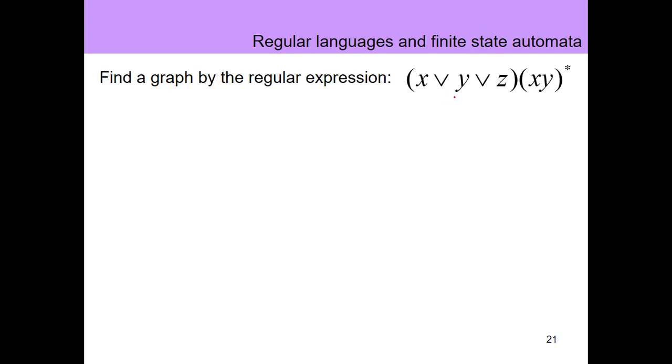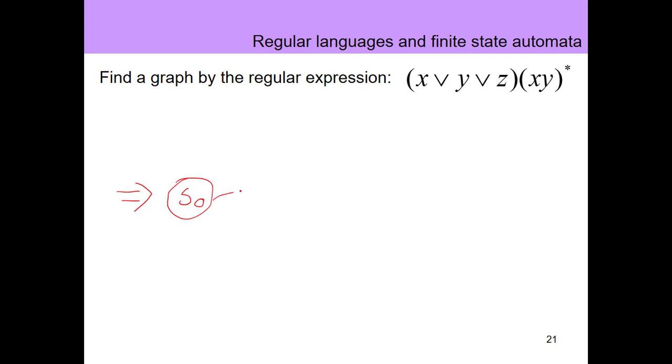Then to look at this regular expression, we can describe a graph. So we have X or Y or Z. First things first, you have to have an entry point. So whatever you do, we first start with an initial state. From this initial state, apparently, I can choose X or Y or Z, and I have to have a minimum of one of these.